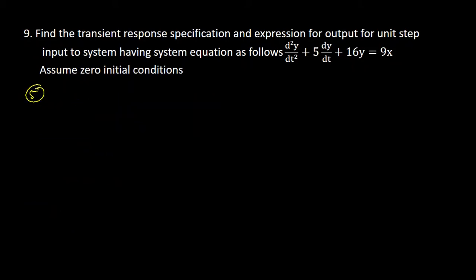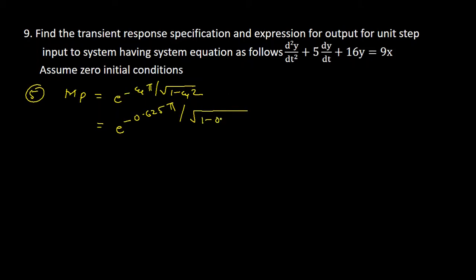Fifth specification is maximum overshoot Mp. It is equal to e to the power minus zeta pi divided by under root 1 minus zeta square. When we put the value of zeta here, we will get e to the power minus 0.625 pi divided by under root 1 minus 0.625 square. This will be equal to e to the power minus 2.5153.